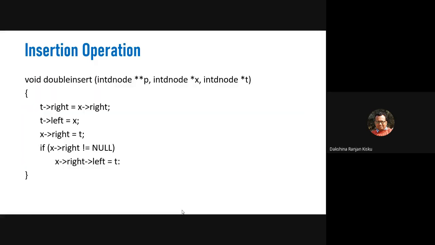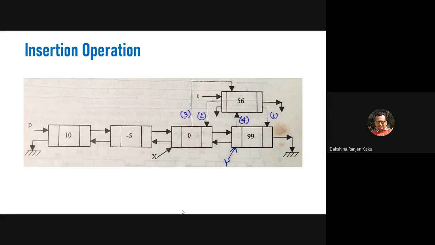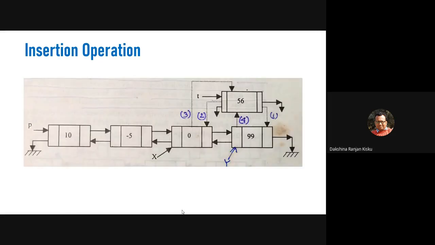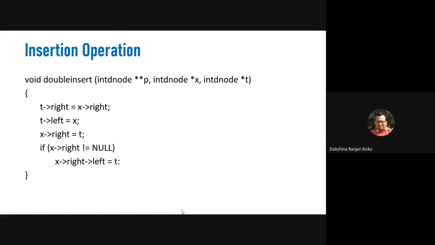What is t left? t left means the left pointer of the newly inserted node. So the left pointer of the new node will now point to the preceding node. That is why we are writing t left equals to x. Now we are writing x right equals to t.